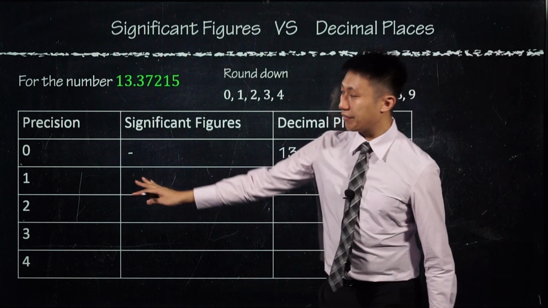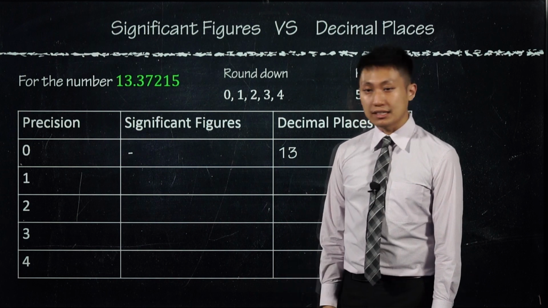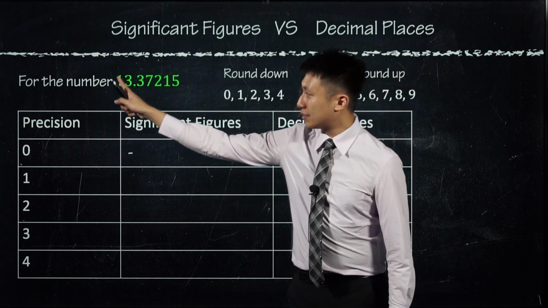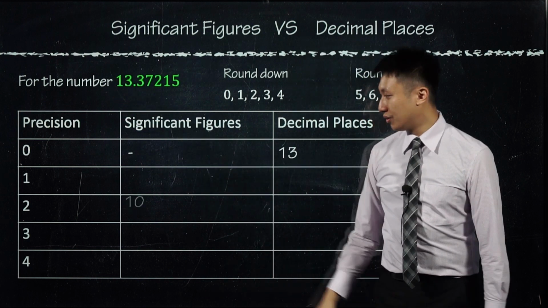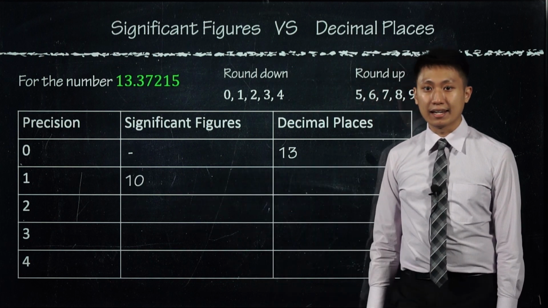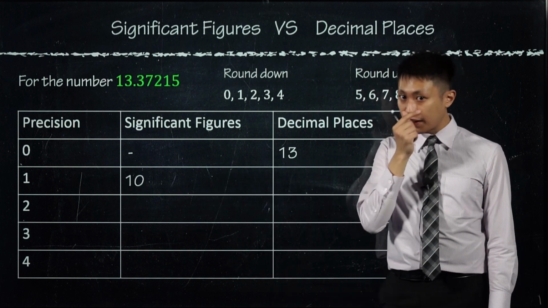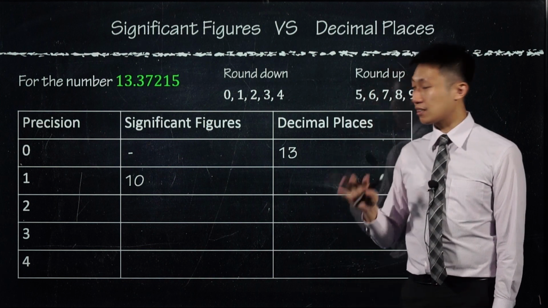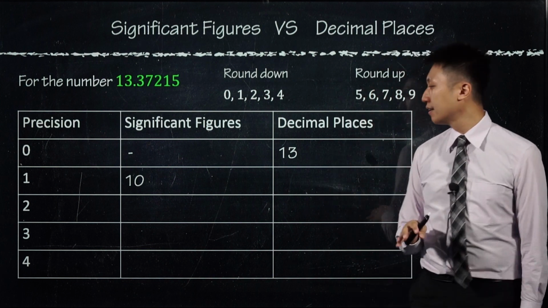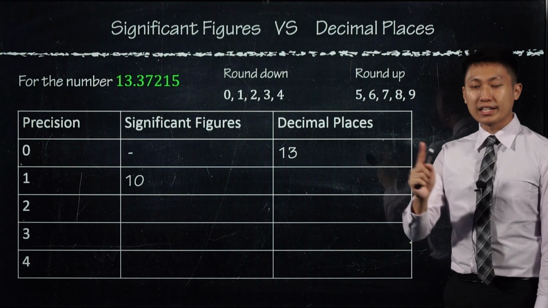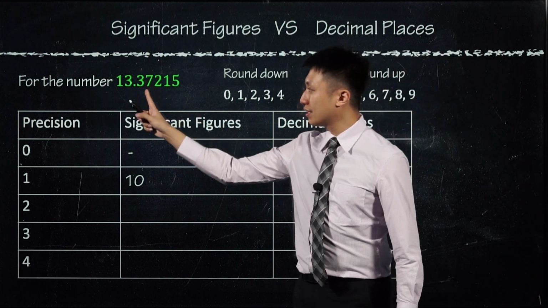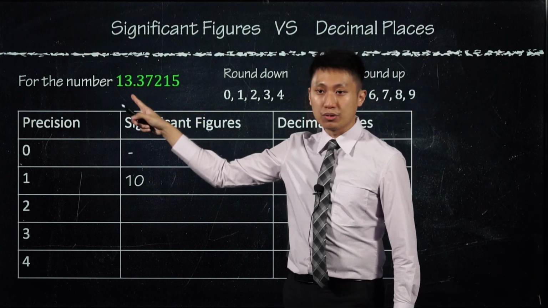1 significant figure. Can you say that? Yes, you can. So eventually you're going to say it's 10. It's not 13. You just get 1 significant figure, so that's the closest that you will get. For decimal places, you want 1 decimal place, 1 after the dot, so you want to keep it up to 3.